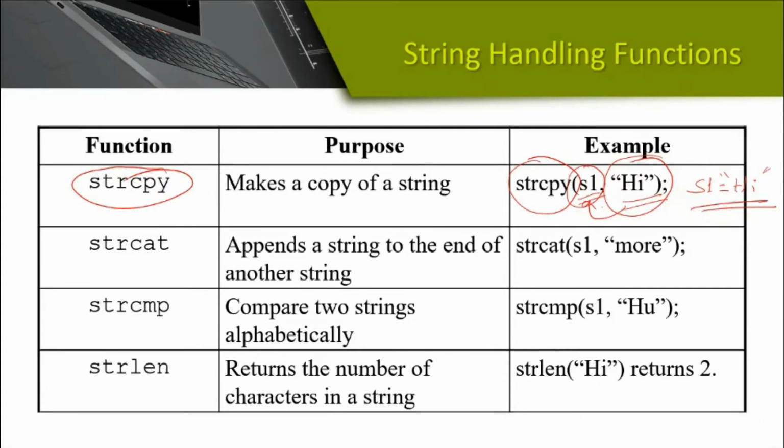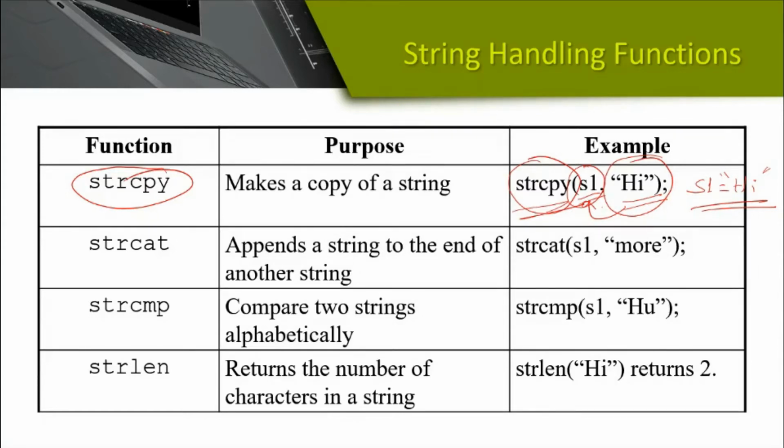So in order to copy a particular string to another variable, we can use strcpy, and the usage is like this. That is, the first parameter is the variable to which it is to be copied, and the next parameter is the string that is to be copied.